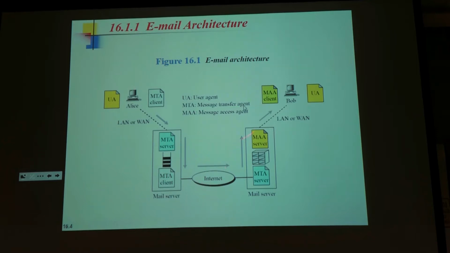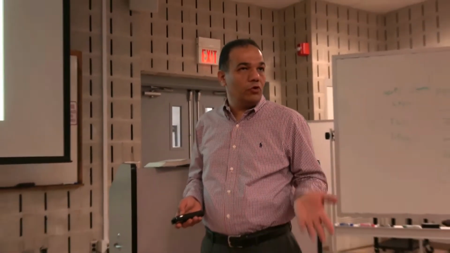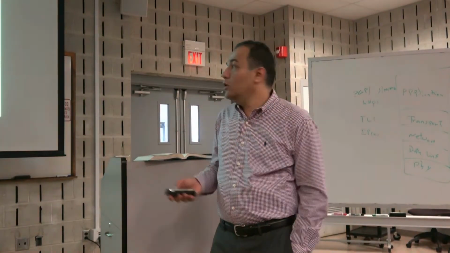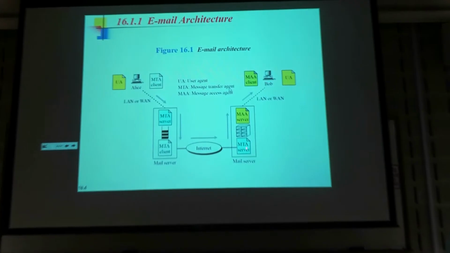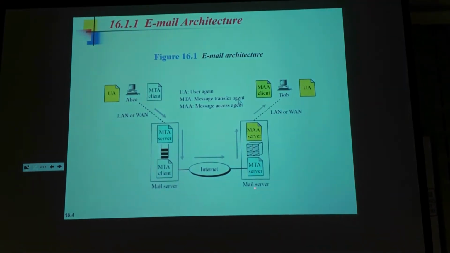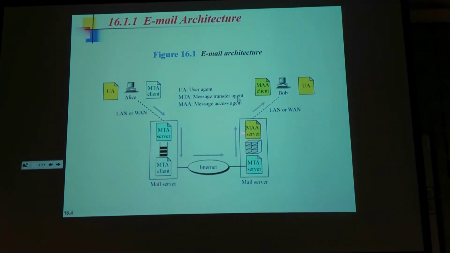Again, the message does not go directly to Bob, it goes to a mail server. If you have a Gmail account and a UB account, there is a mail server for Gmail and a mail server for UB. The server will receive it, and then it will be accessed by a message access agent and sent to Bob through LAN or WAN, depending on how it is configured.